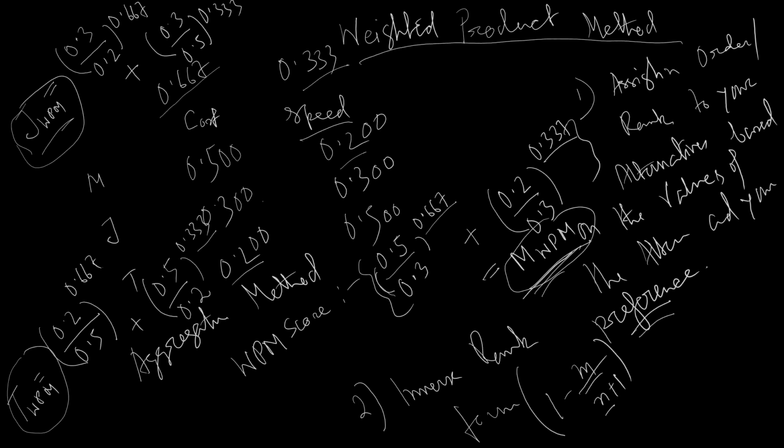The score which is largest or highest among all these three alternatives will be your selection. That means that will be your selected alternative, the most favored alternative, or the dominant alternative among all the three alternatives you have used.